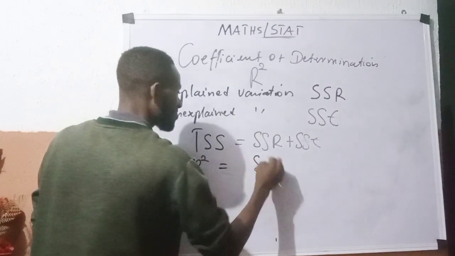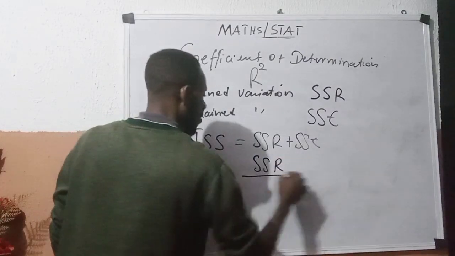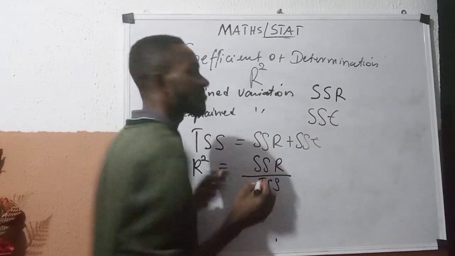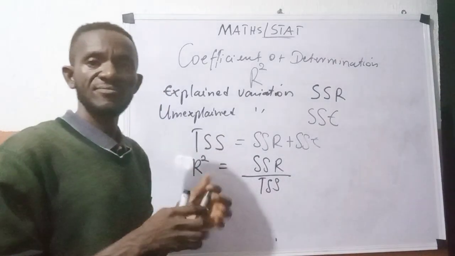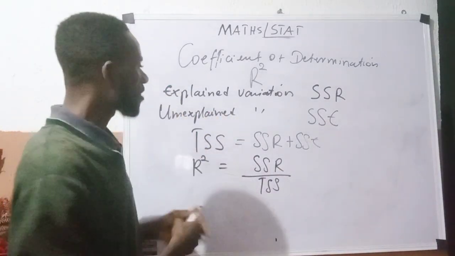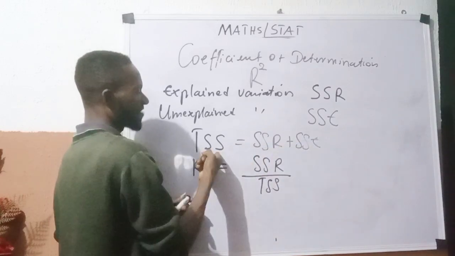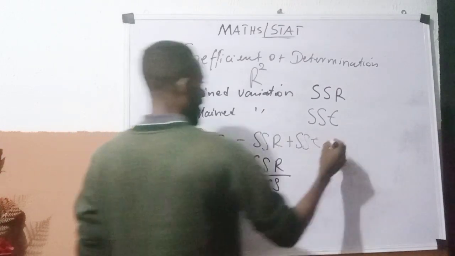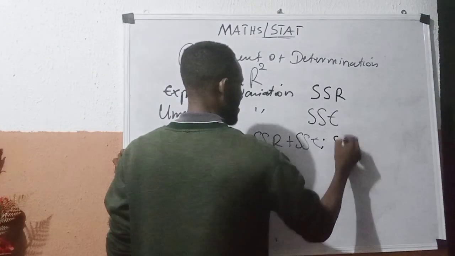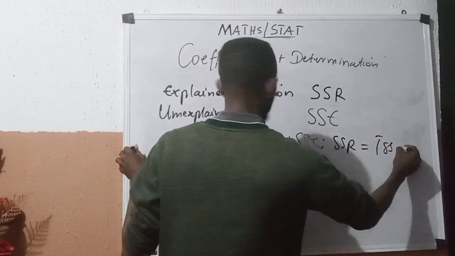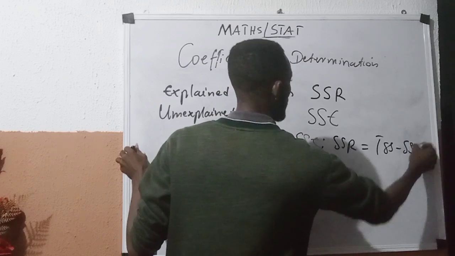That is SSR over TSS. That's what we have there. And of course, from this equation we have here, we know that our SSR is given as TSS minus SSE.